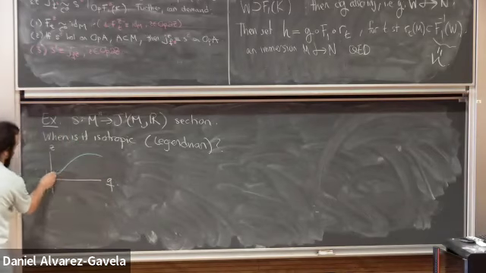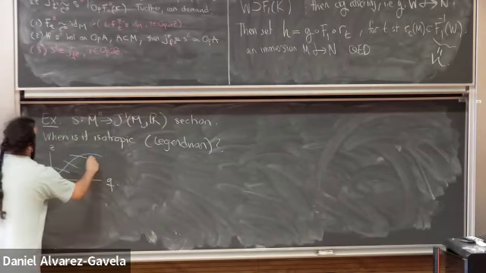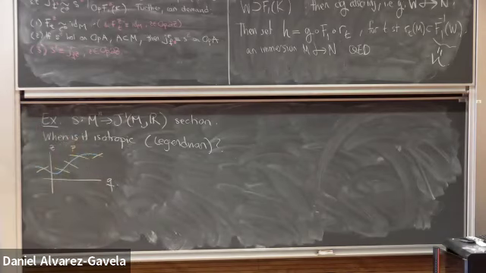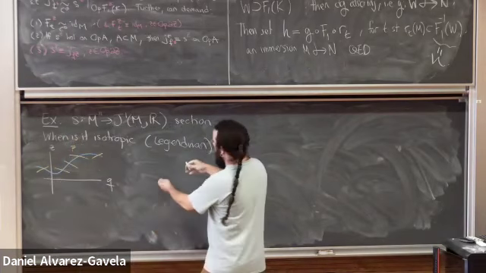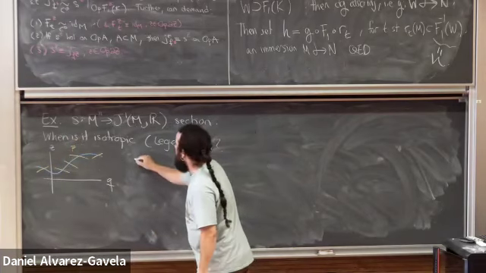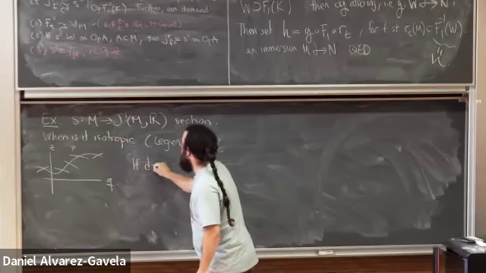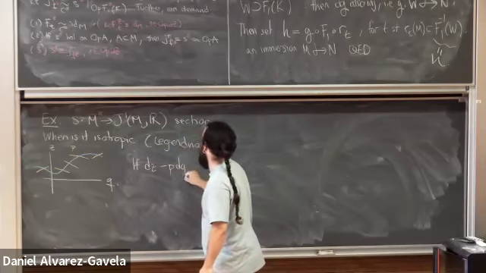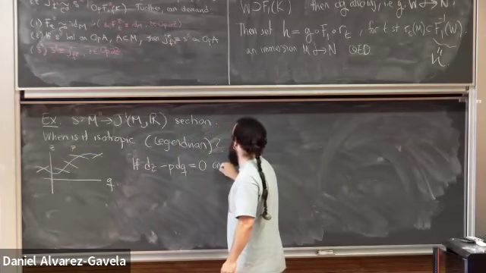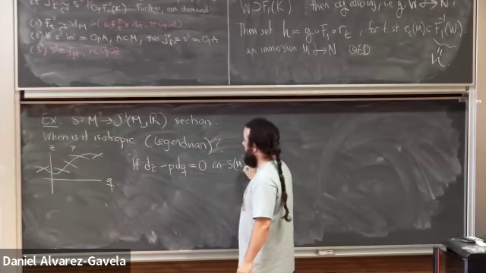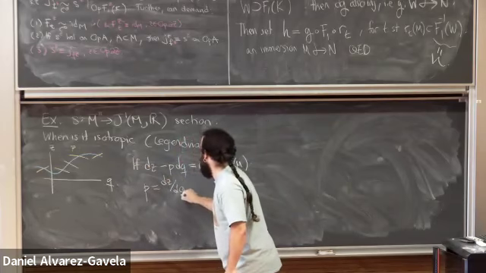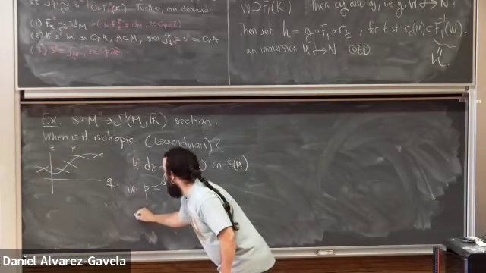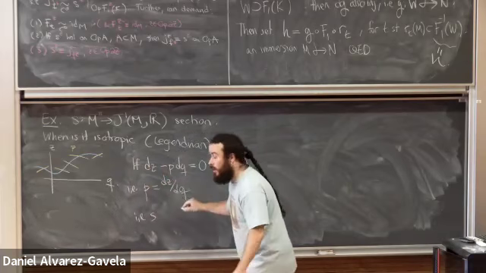It's given by some 0th order information and some slopes p. What does isotropic mean? It means that dz minus p dq is 0 on the image. In other words, it means that p is dz/dq, i.e., it means that S is holonomic.